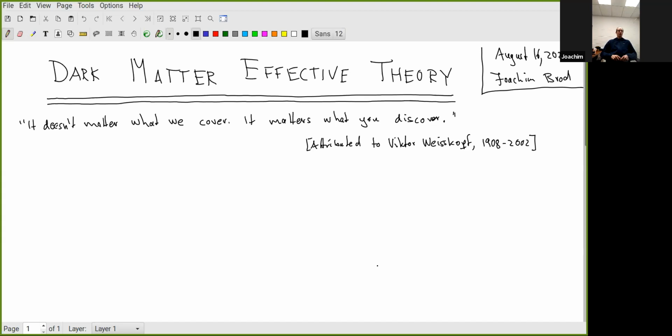Okay, so what I want to talk about in these lectures is dark matter effective theory. To be more precise, I should probably say dark matter direct detection effective theory. What I want to show you is essentially how to calculate the dark matter direct detection cross-section in, let's say, one of the most general cases.